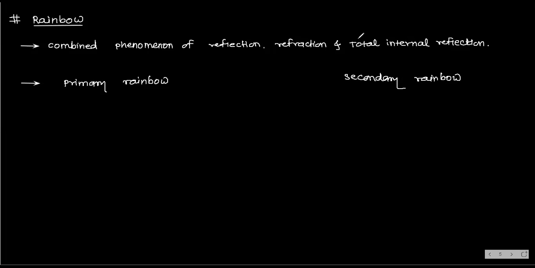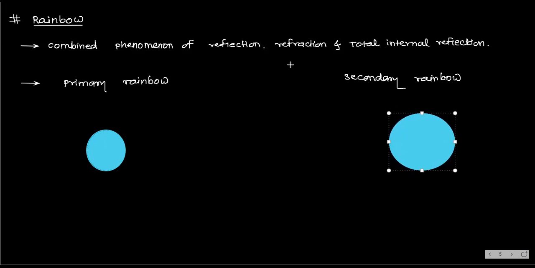Now if I draw the diagram, you will understand everything. Suppose this is a raindrop, and this is also a raindrop here. See now what is happening.